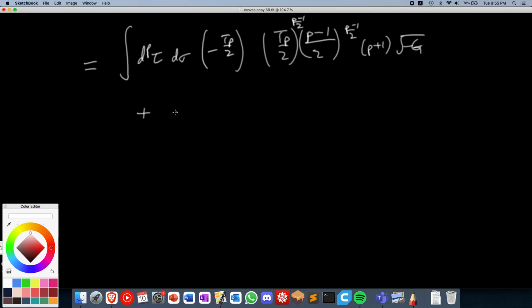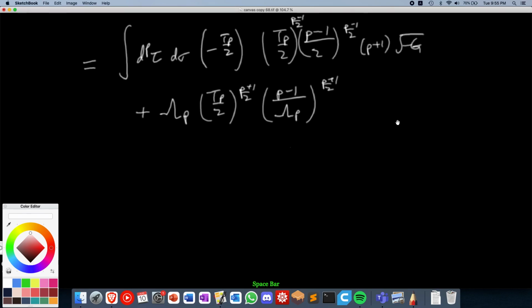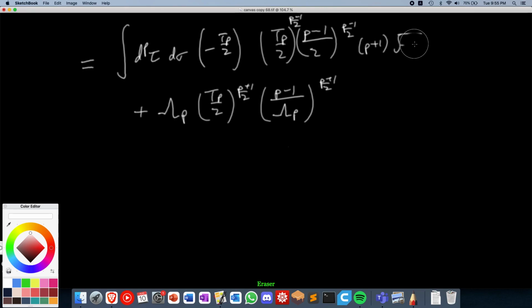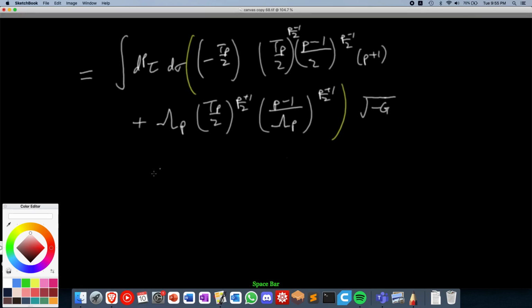Then we add on this guy, tp over 2, p plus 1 over 2, and then there's p minus 1 over lambda, p plus 1 over 2, and then there's square root g. So this square root g, let's just put brackets around this entire thing, and then we have square root g, square root minus g. Now I think I need to do further simplifications, but we are very close now.